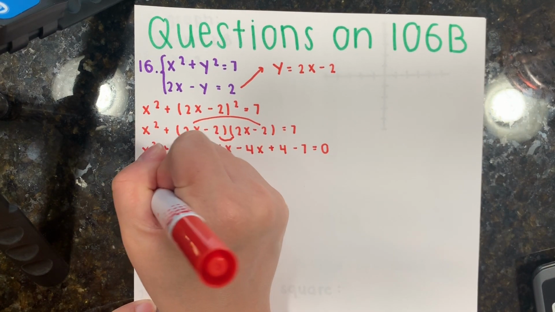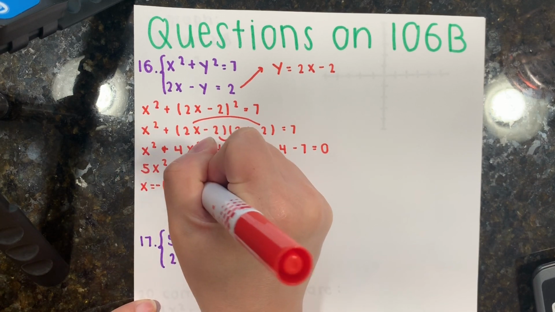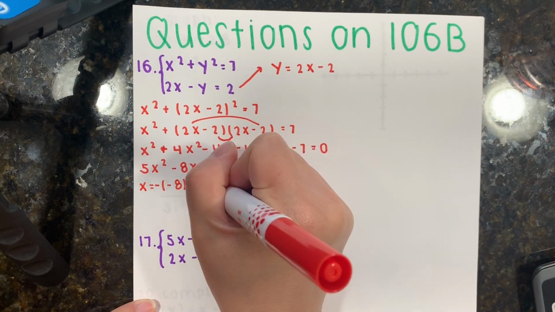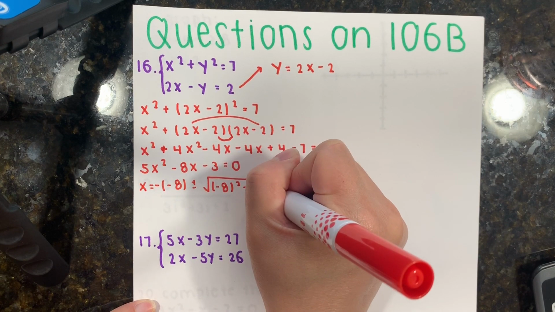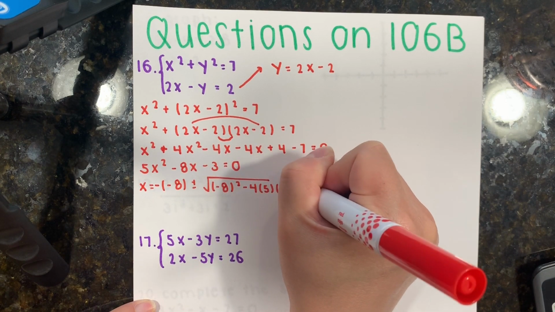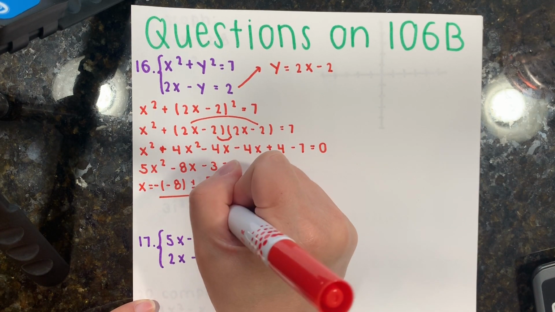So x is going to be equal to negative b plus or minus the square root of b squared minus 4 times a times c, all over 2 times a.